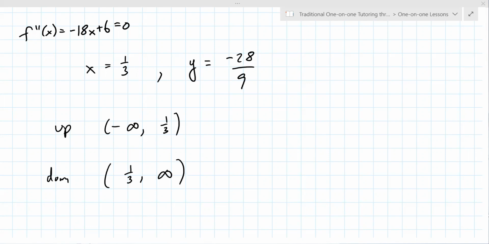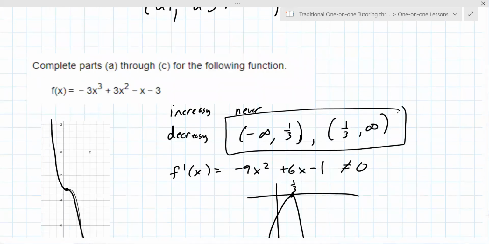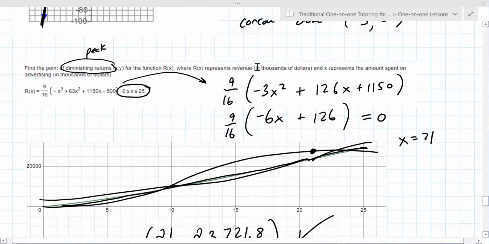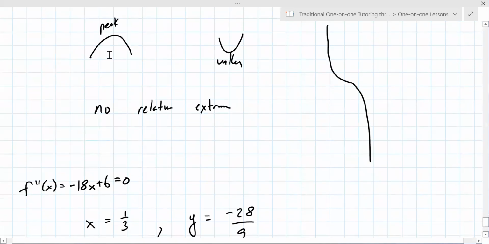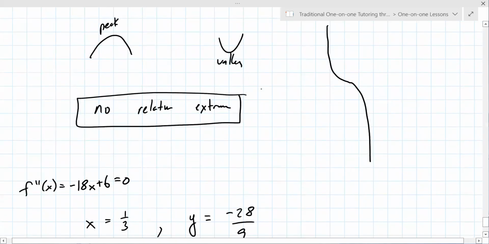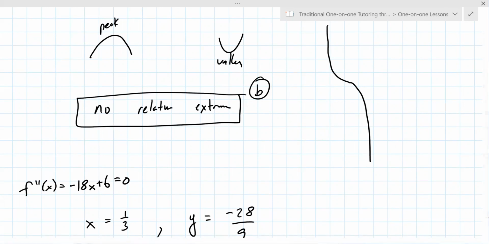Just for my sanity, let's go over the answers again. Part A is answer C, with negative infinity to 1/3, and then 1/3 to infinity. Then determine any relative extrema, still on part A, is letter D because there's none.